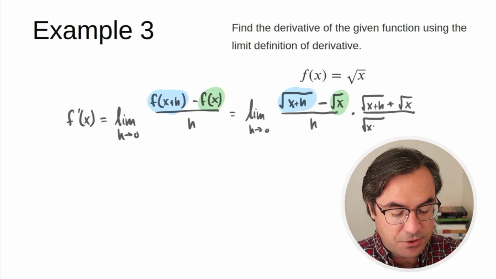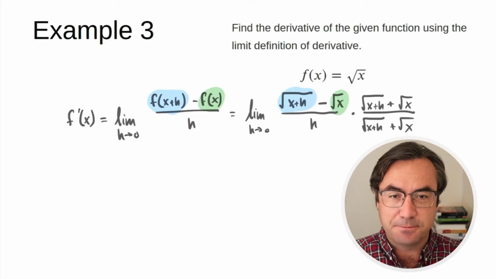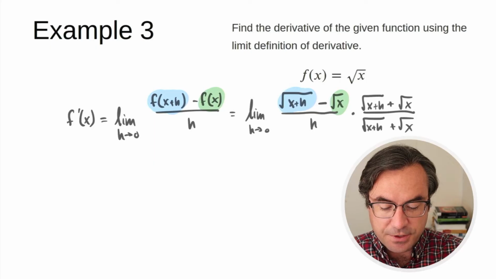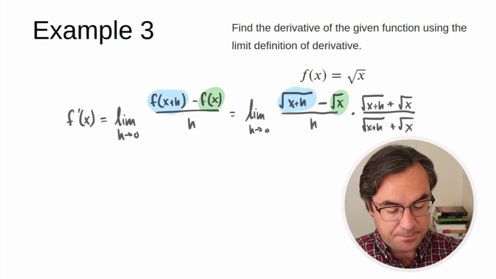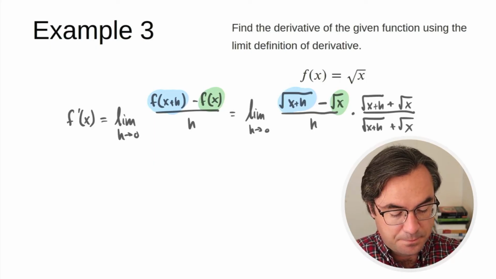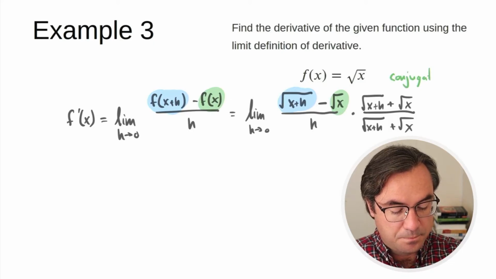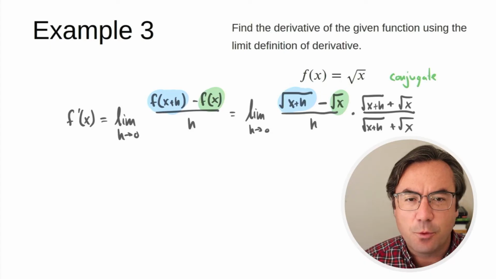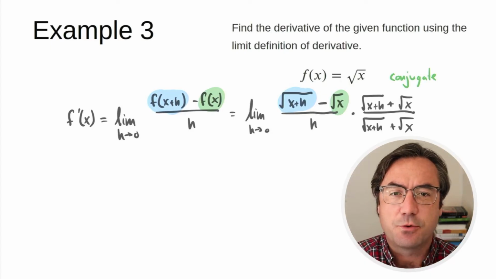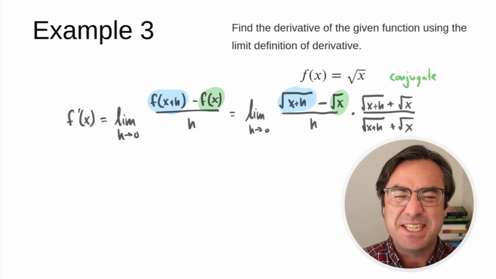And we can't do something to the numerator without doing the same thing to the denominator. All right, so this was our conjugate method.